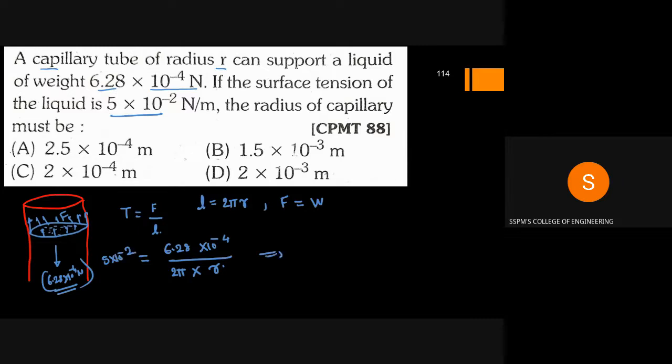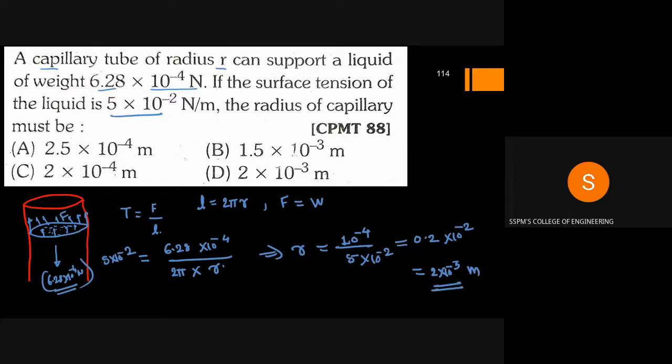So from this, write the equation for r. 6.28 upon 2 pi will be 1, because 2 pi is 6.28 only. So this is 10^-4 upon 5 × 10^-2. So 1 by 5 is 0.2, times 10^-2, so 2 × 10^-3 meter.